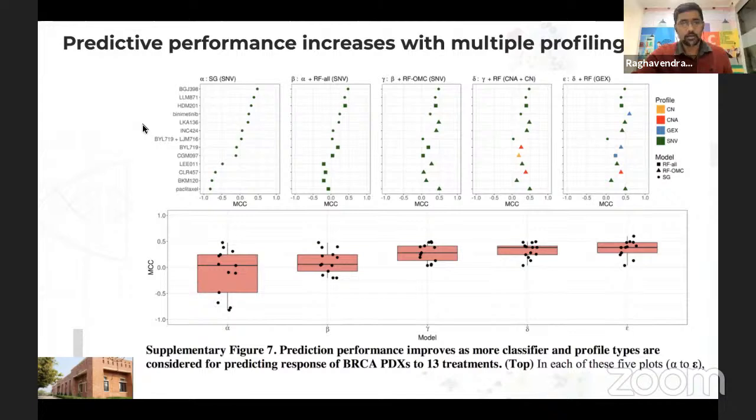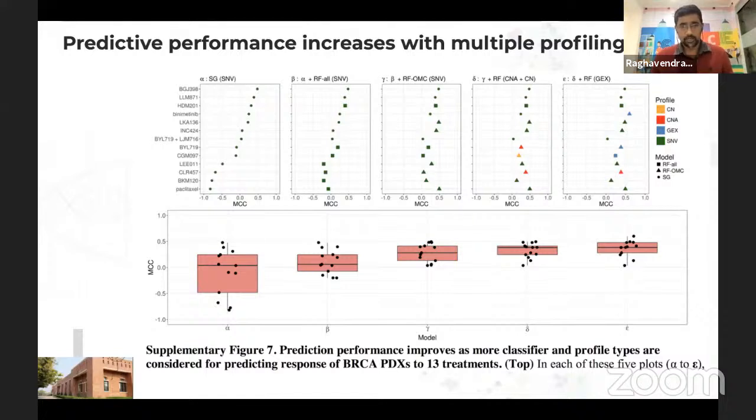So when the machine learning model was used to predict on single gene markers, you see the accuracy is not very great. It's actually very bad. So when multi-gene models were introduced in place of single gene models, the accuracy improved.